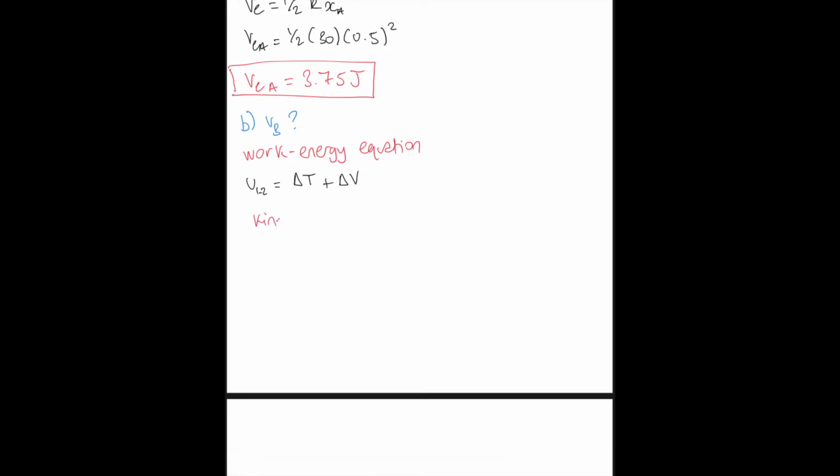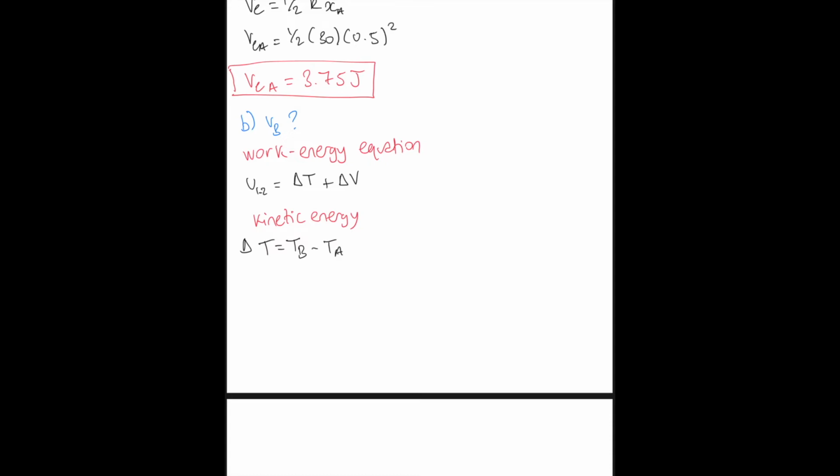The kinetic energy equation is T is equal to half mv squared, but the delta T is also equal to TB minus TA.